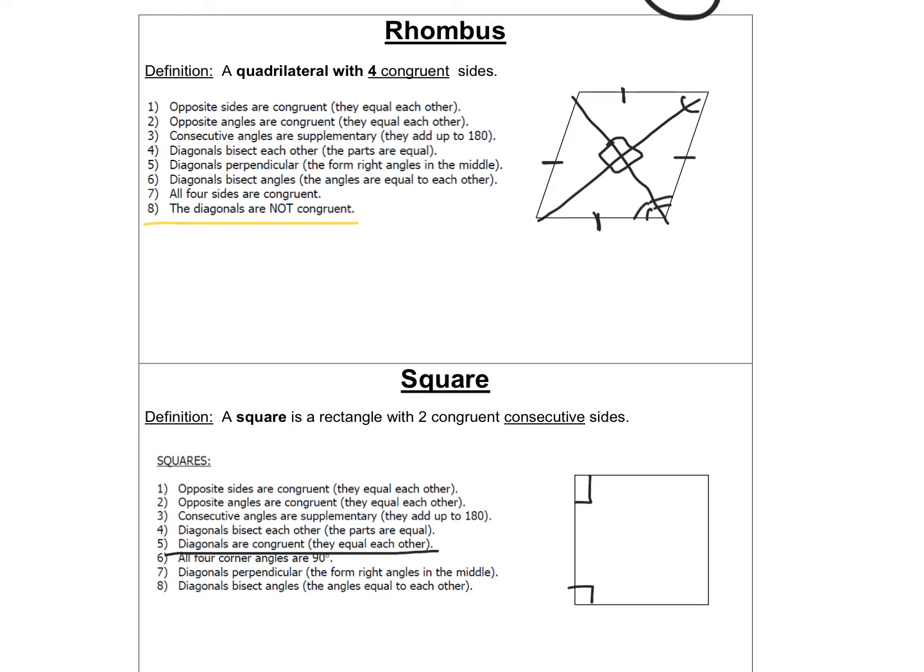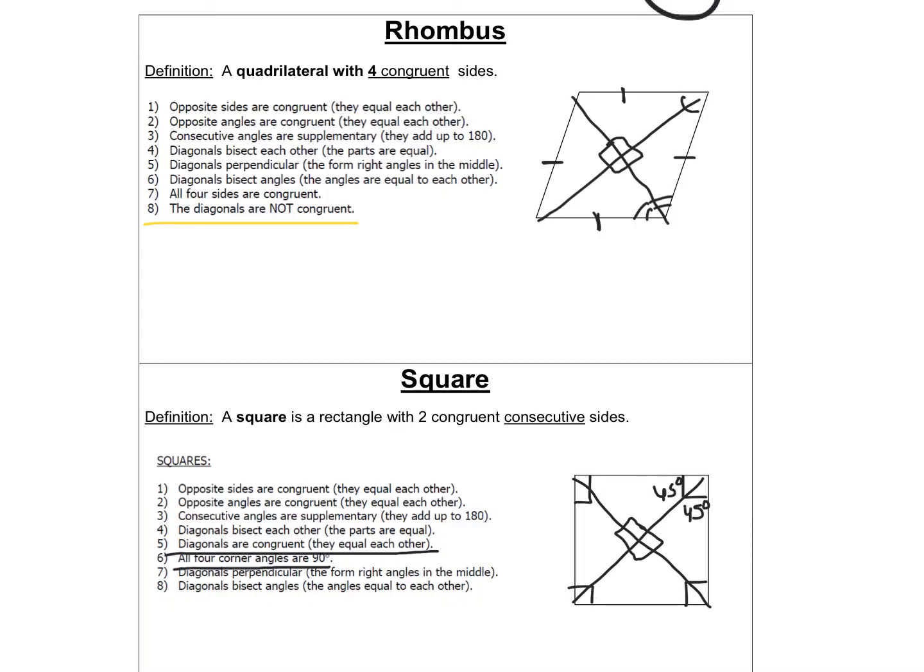So this is some of the stuff that we've seen in a rectangle as well. The diagonals are perpendicular, meaning that they form right angles just like the rhombus. And the diagonals bisect the angles, meaning each of these little angles here is going to be 45 degrees.